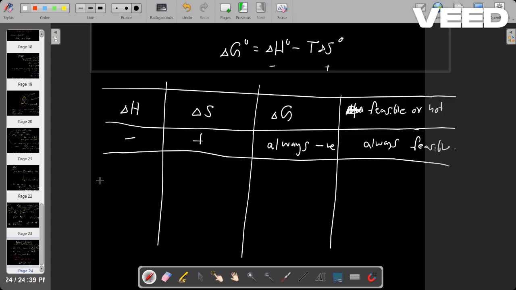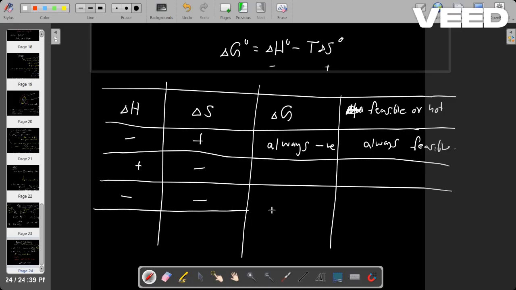Other things I will let you figure out. I will give you fill in the blanks. Positive, negative, negative, negative, positive, positive. Let's see.